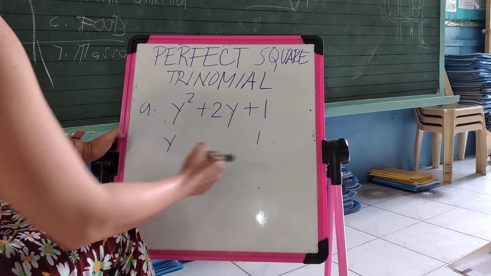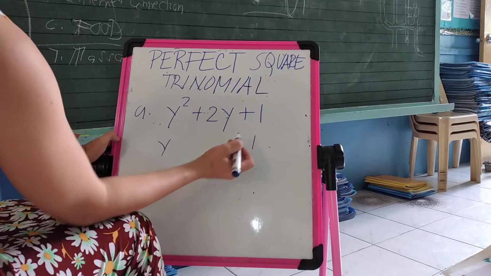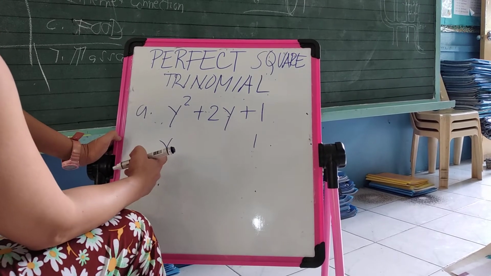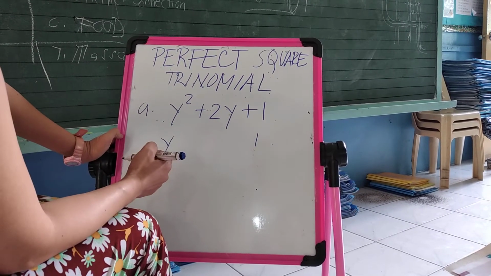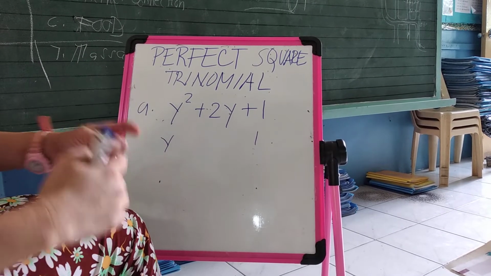So what's next? It's a perfect square, it's a perfect square. Let's multiply them. Okay, so y times 1 will give you 1y or y, and then multiply it by 2.